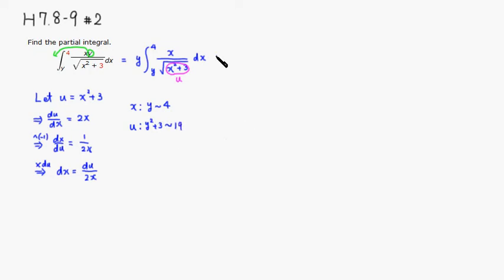So this is going to be equal to y, still there, integral from y squared plus 3 to 19. I'll leave x as it is for now, but on the bottom is the square root of u, and dx is the same thing as du over 2x.